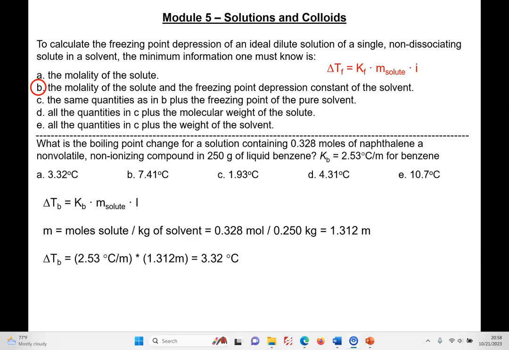Our delta T boiling then becomes our Kb times our molality, and I get 3.32 degrees Celsius. That is not my boiling point, that is my change in my boiling point, which is what this question is asking for. So the answer is A.